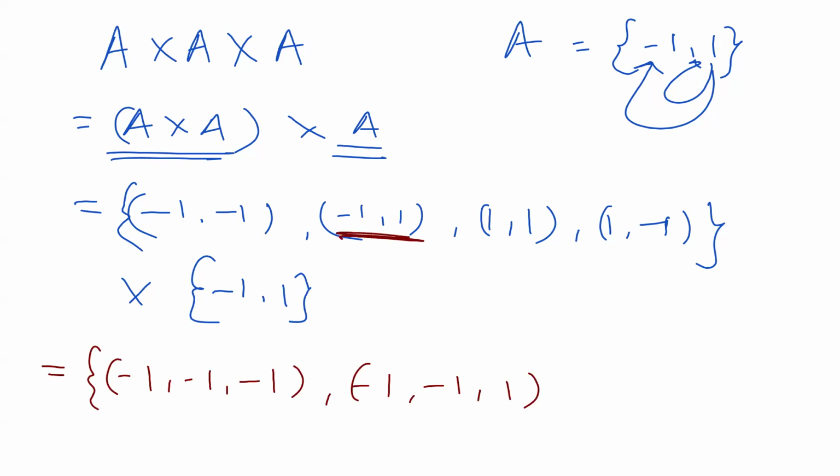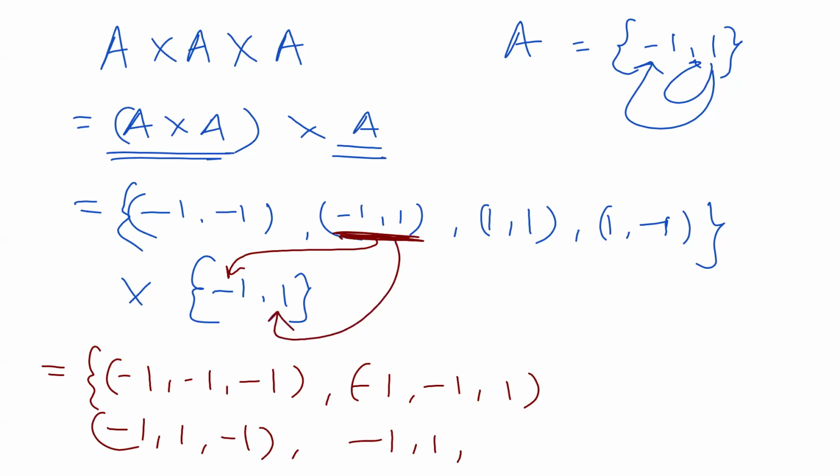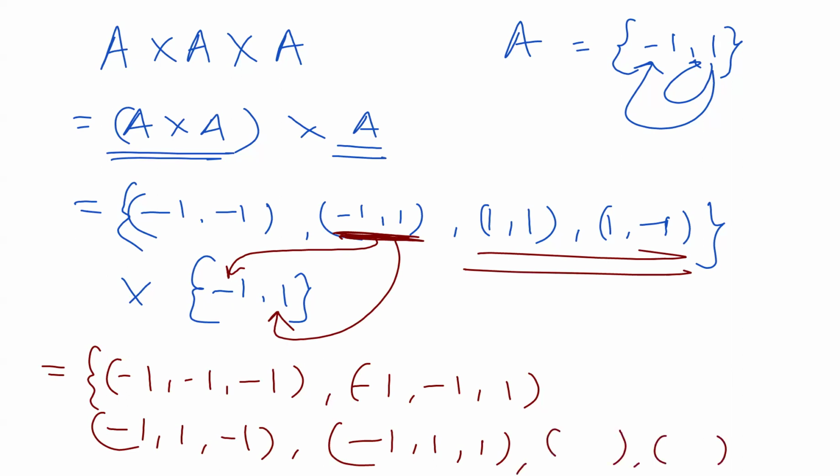Second, -1, 1, -1, then -1, 1, 1. And the rest I'm leaving up to you. There will be 4 more ordered pairs. I hope you understood how to calculate A cross A cross A. That's it. Thank you.